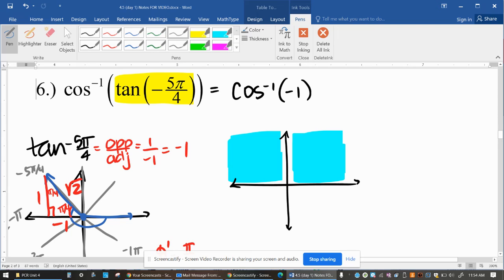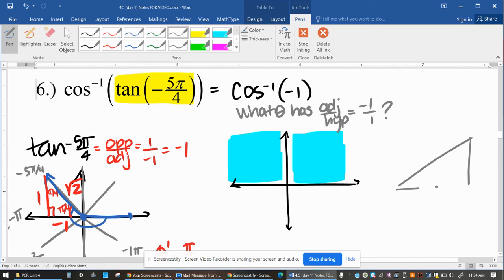Okay, now here's the thing. This is asking what angle has adjacent over hypotenuse that equals -1 over 1. As I think to my 30, 60, 90 triangles, which are pi over 6, pi over 3, right?